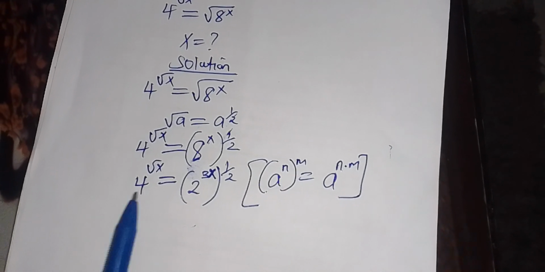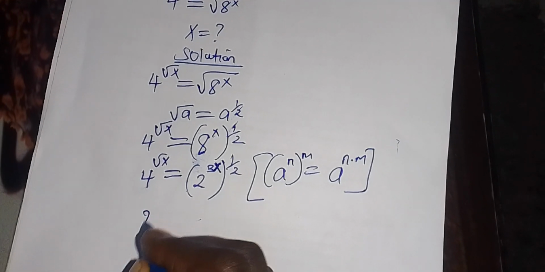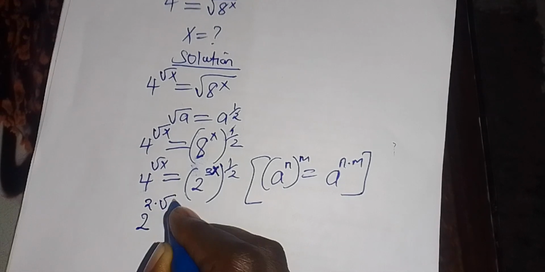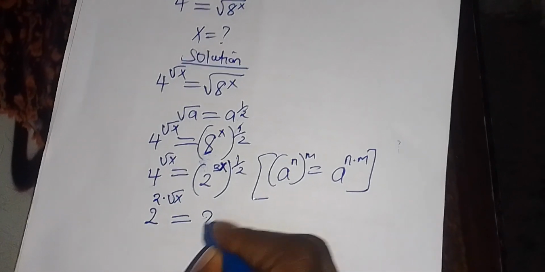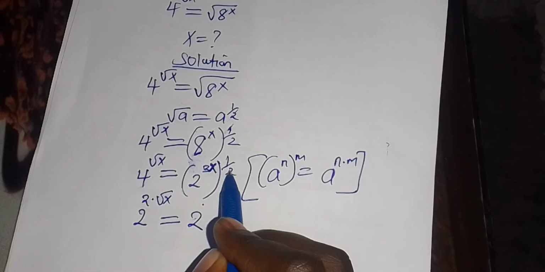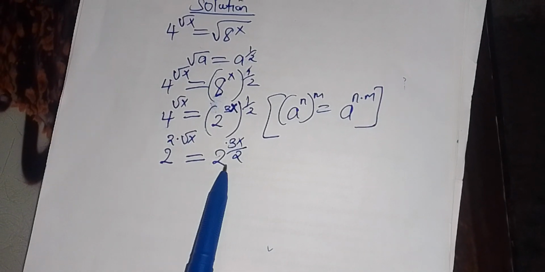Now we can rewrite this 4 with a base of 2, so we'll have 2 raised to power 2 multiplying by square root of x. This is equal to 2 raised to power 3x times a half, that is 3x divided by 2.